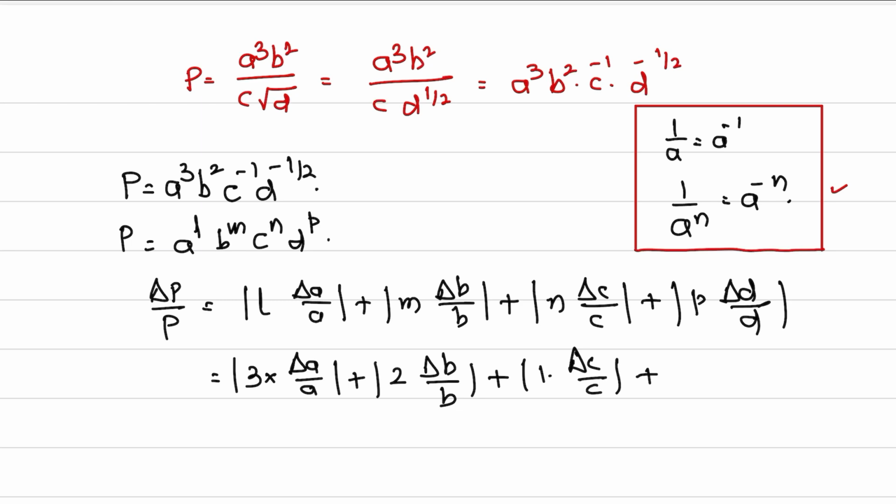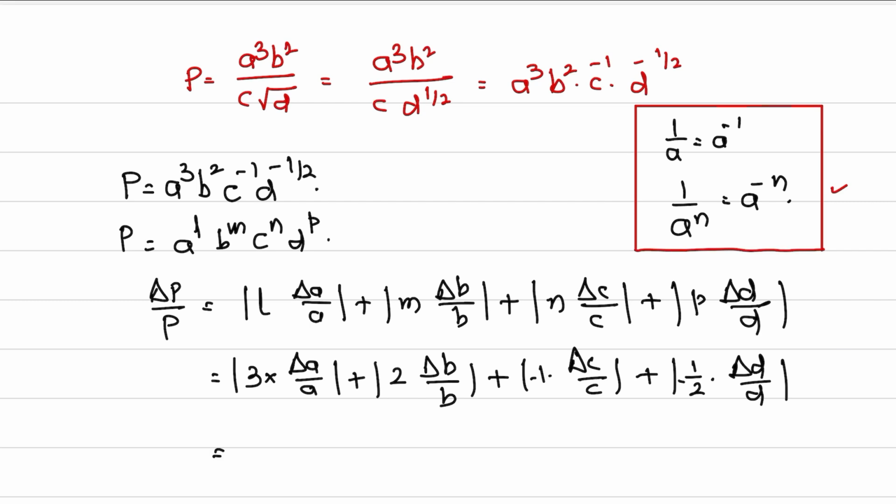Absolute value is used because errors propagate by accumulating with each other. The effect of error. Then for D to the power of minus half, that can be written as half into delta D by D. We can put even minus also.